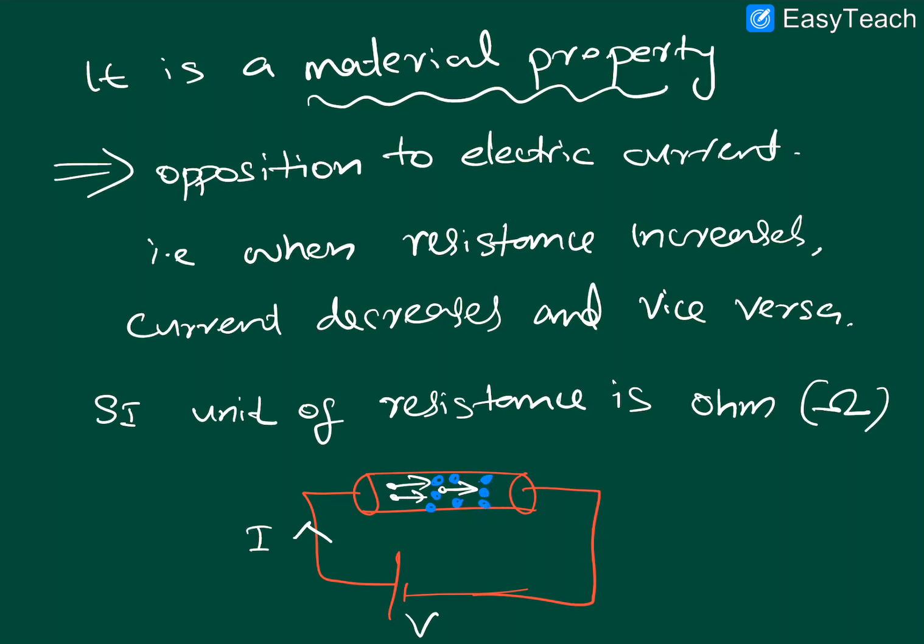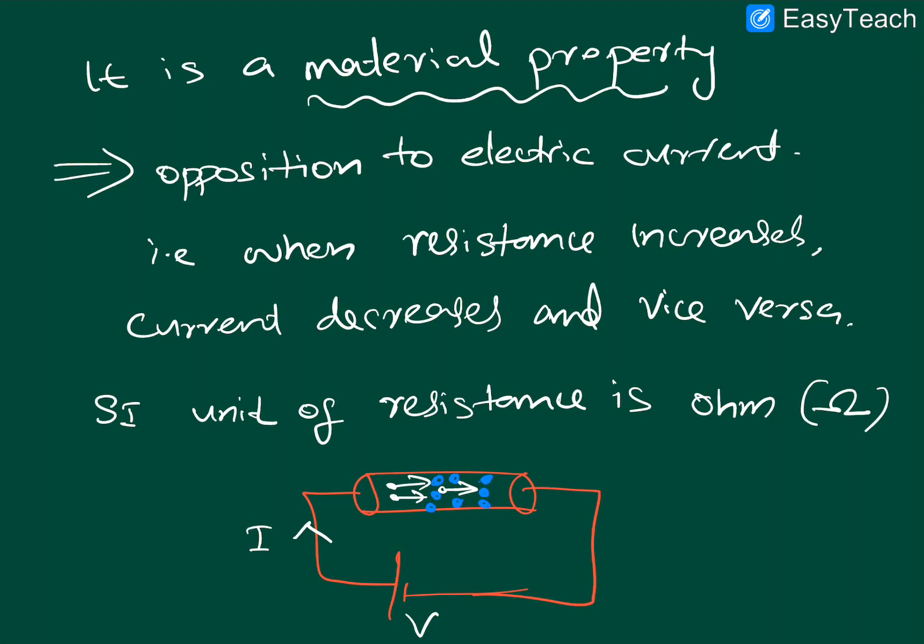This collision creates resistance. So resistance is actually opposition. Your charges are flowing, but resistance will oppose this flow.